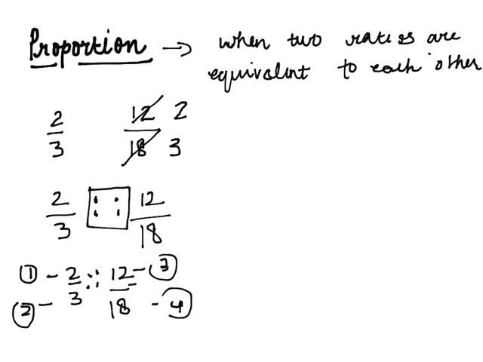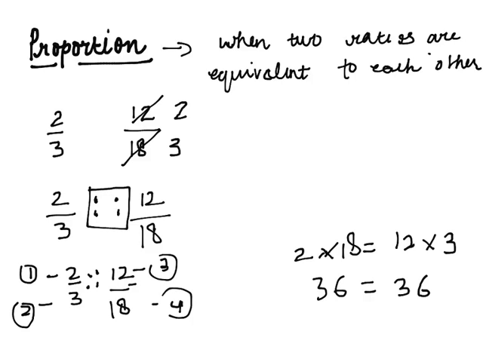So from here we can tell, 2 times 18 will be equal to 12 times 3. Here we can see 18 times 2 is 36 and 12 times 3 is 36. When this is equal, only then can we say the given ratios are in proportion. This is one of the ways to find out whether the given ratios are in proportion or not.